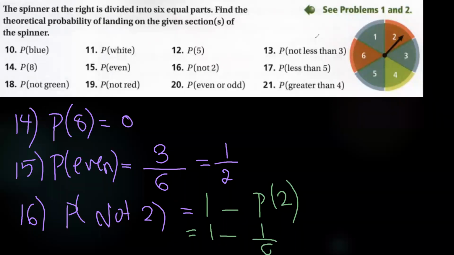There's only one 2. So I will say 1/6 parts. Then you will subtract it as I told you before. This is 6/6. So it will be 5/6. Is it clear?